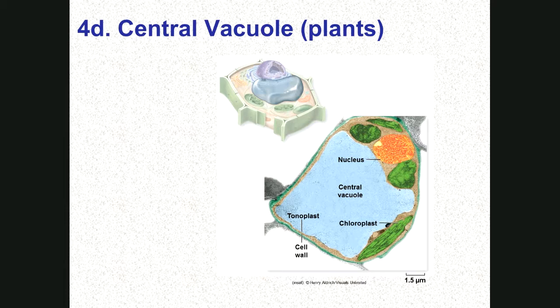What's the job of the central vacuole? It helps the cell to elongate. It accumulates water, and it also stores ions, organic compounds, water, soluble pigment. The central vacuole.